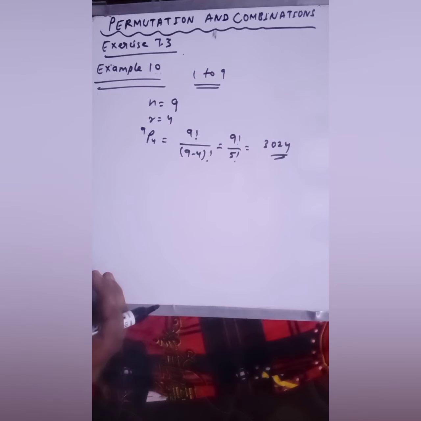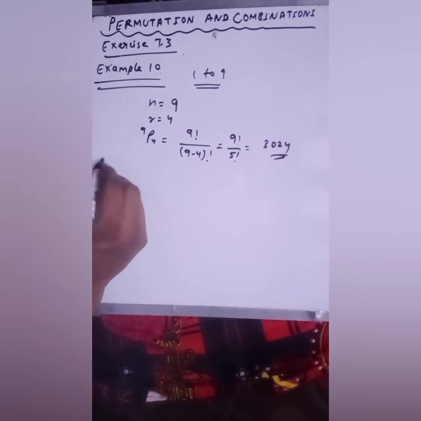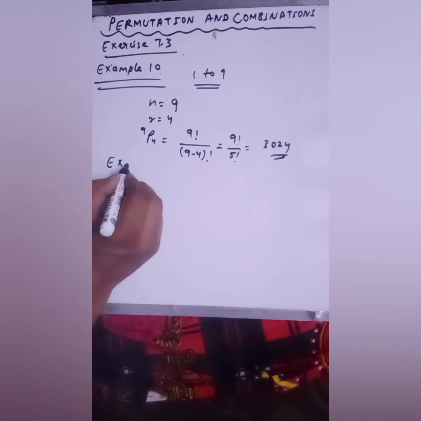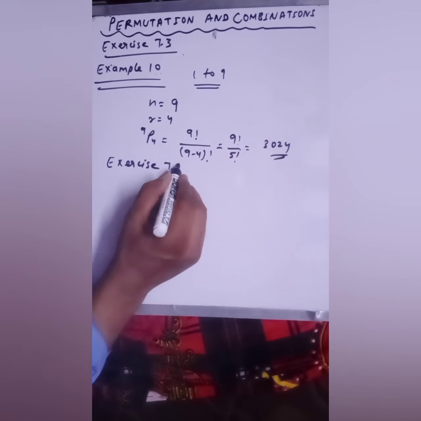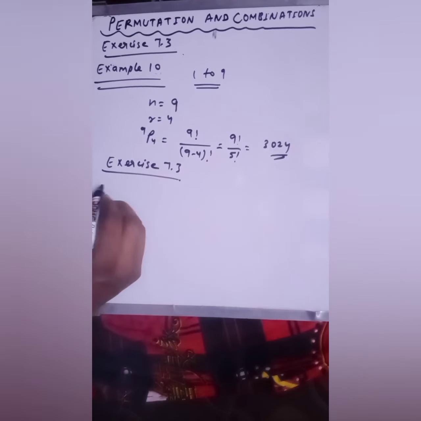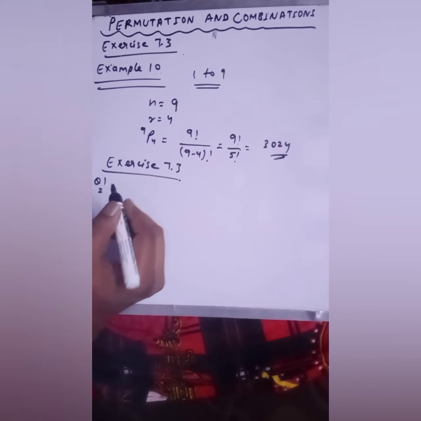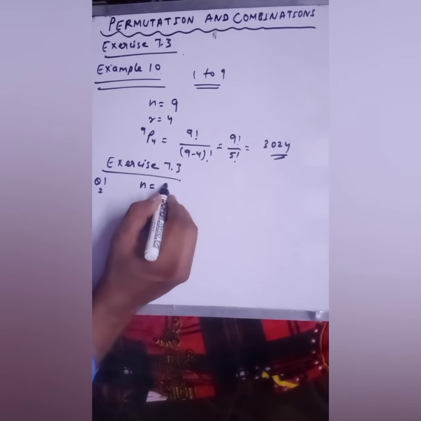Okay, so we are starting this exercise, exercise 7.3. Question number 1: How many 3-digit numbers can be formed using the digits 1 to 9? Your total choices are 9.